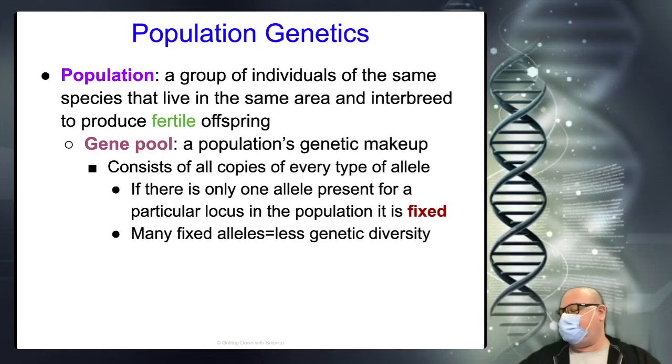So populations are, I shouldn't say somewhat, they are in a distinct area, and they don't typically leave the area. Okay? So that's the definition of population that you should be aware of.